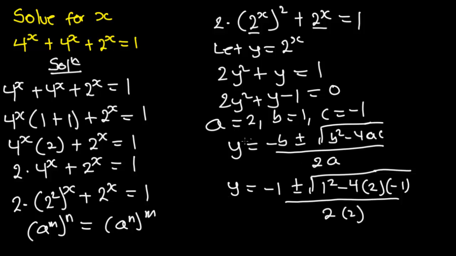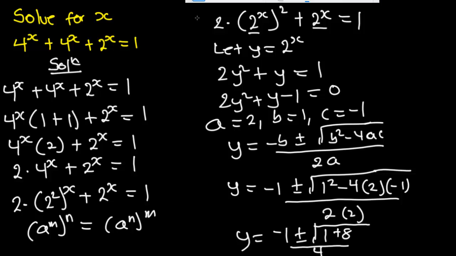So y is equal to negative 1 plus or minus the square root of 1 squared. Now 4 times 2 is 8, and remember they are all negatives, so we have plus 8, all over 2 times 2 is 4.